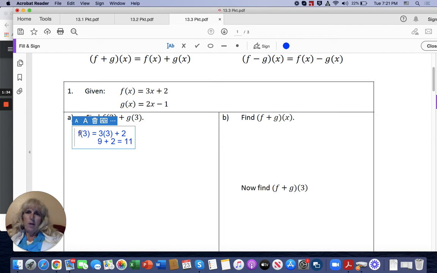Then what we want to do is go ahead and put in 3 in the g of x. So we would say g of 3 equals 2 times 3 minus 1. So that is 6 minus 1, and that equals 5.